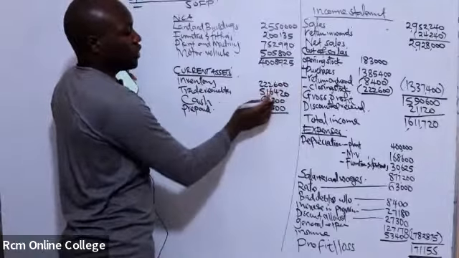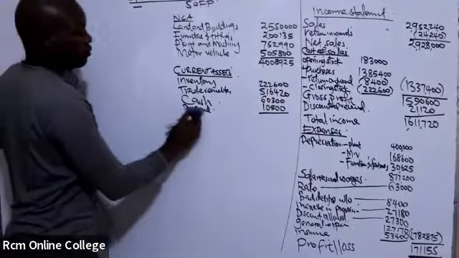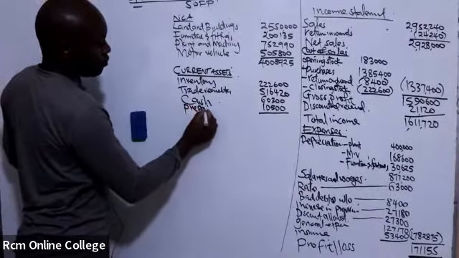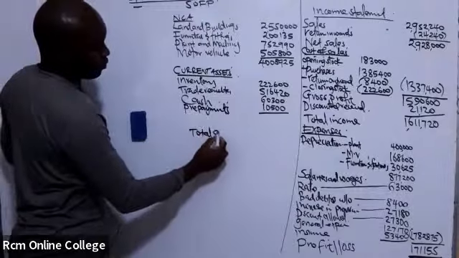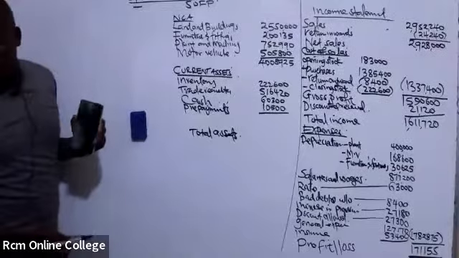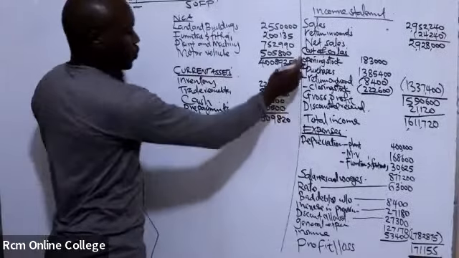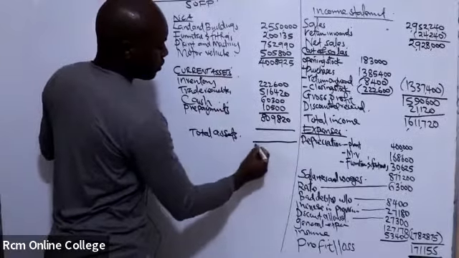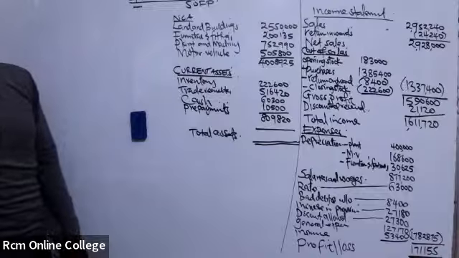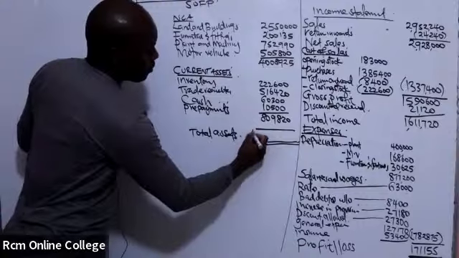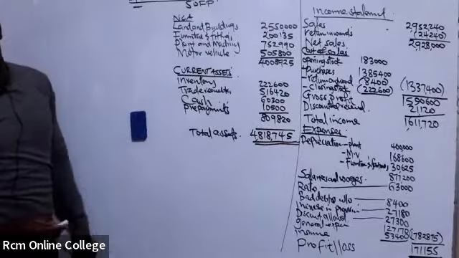So take 222,600, 516,420, 6,300, 10,500, and you give me the total. 809,820. So total assets: you check the non-current plus current. Good. That is what we have, right?